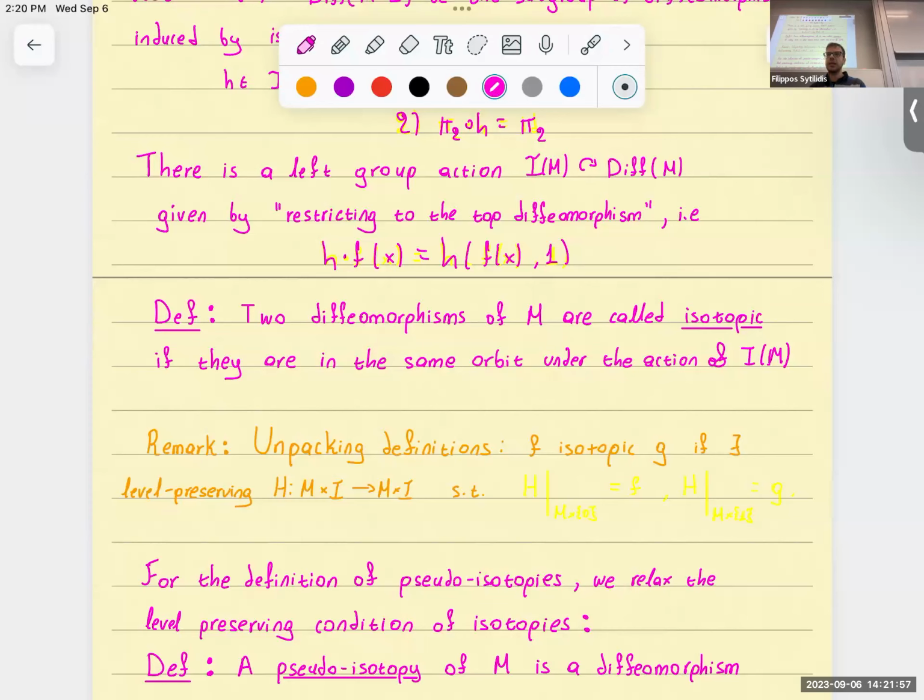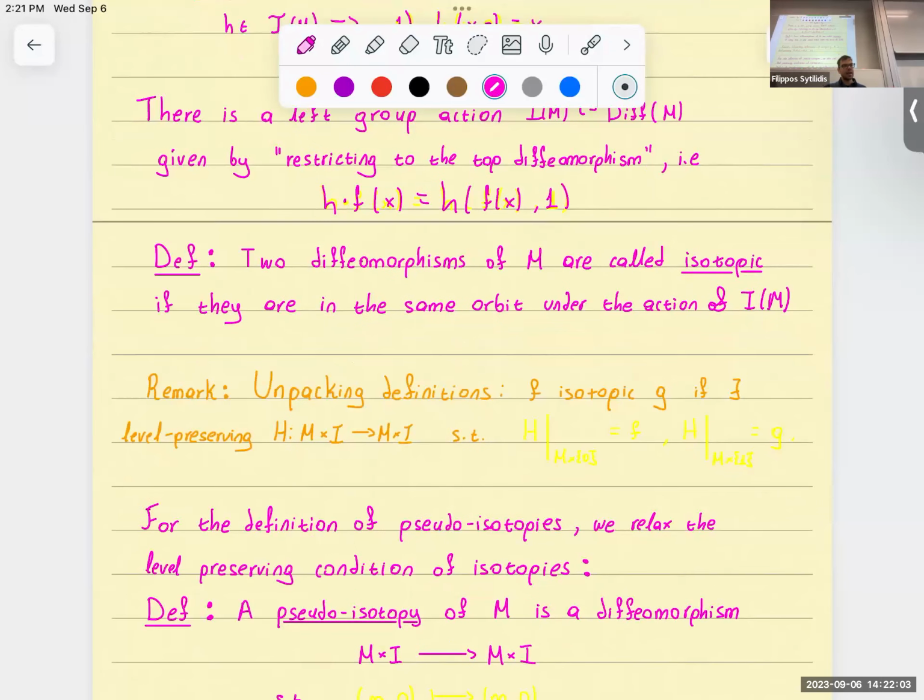Exactly. Following up on that, if we unpack the definition, then F is isotopic to G if there exists a level preserving capital H, namely an isotopy, such that when we restrict to M cross 0, it gives us F, and when we restrict to M cross I, it gives us G. I should have done that in orange.